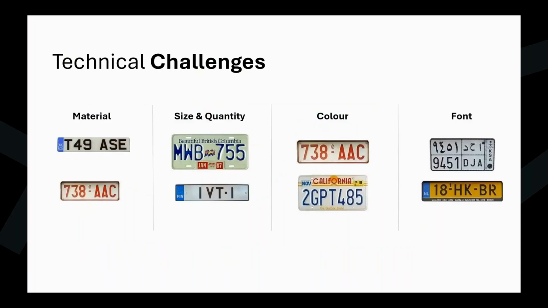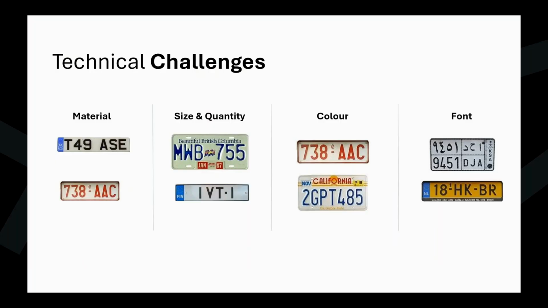So firstly, the material. You've got different material plates, from plastic or retroreflective materials, so it can be plastics or paints, but they could also be made of various different degrees of metal, painted metal, etc., which all has different types of reflection.